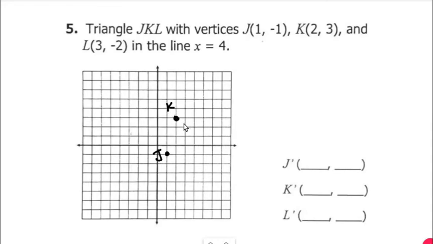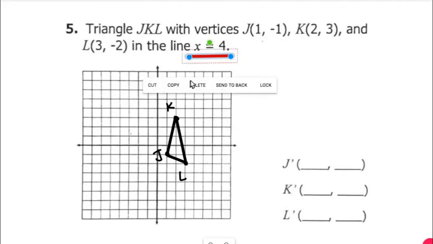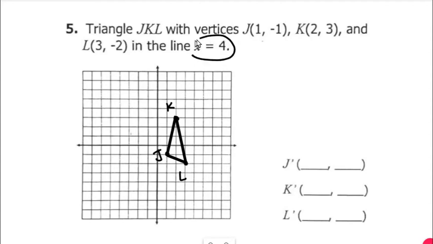And L is 3, -2. Okay, now for our line of reflection, it says our line of reflection is x equals 4.